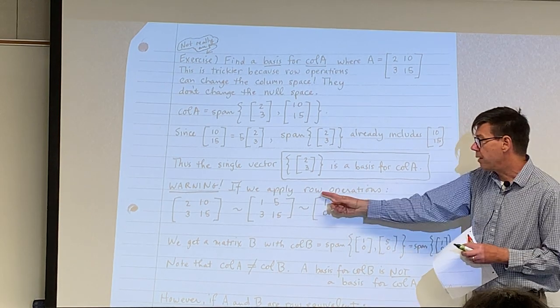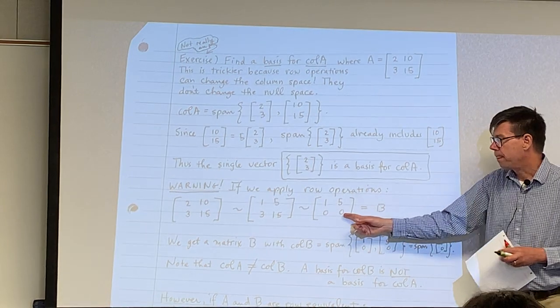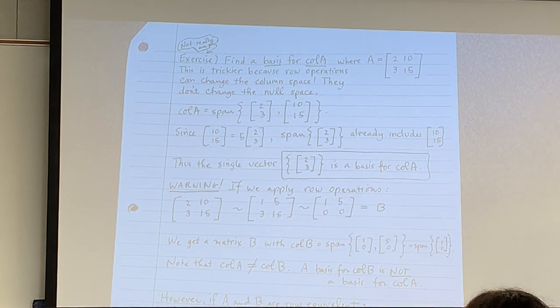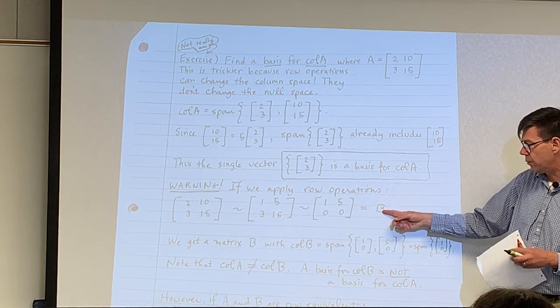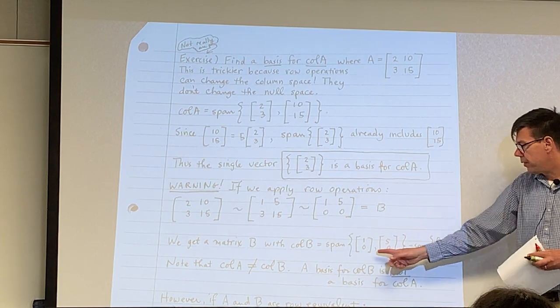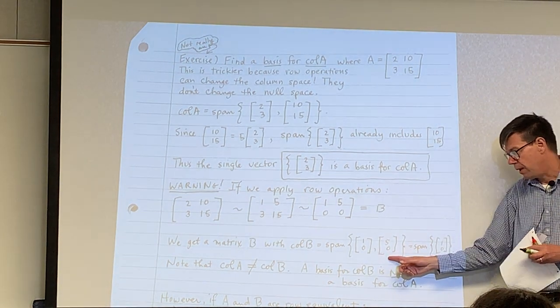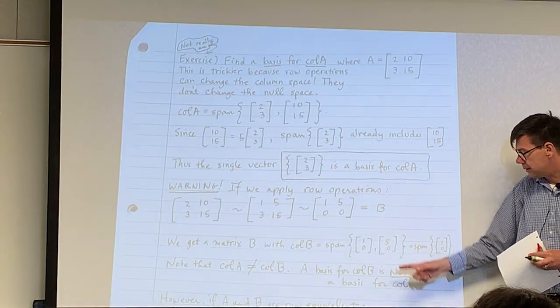But if we apply row operations to that matrix, so say we row reduce, it gets down to this matrix, 1, 5, 0, 0. So call this matrix B the row reduced form. We get a matrix with these two columns, 1, 0, and 5, 0, as seen there.